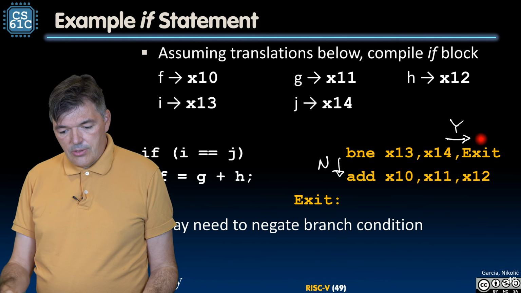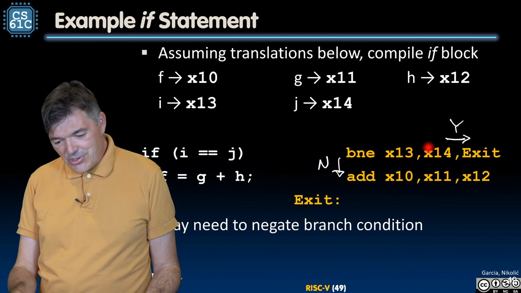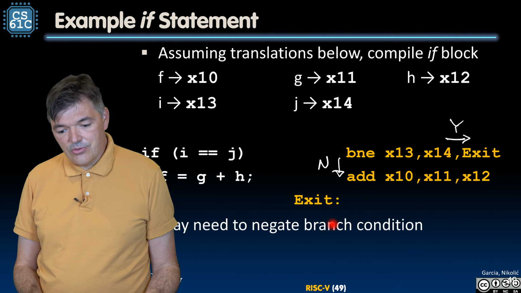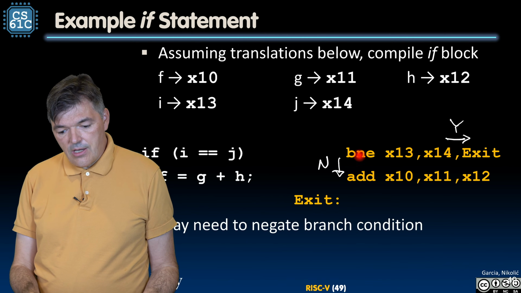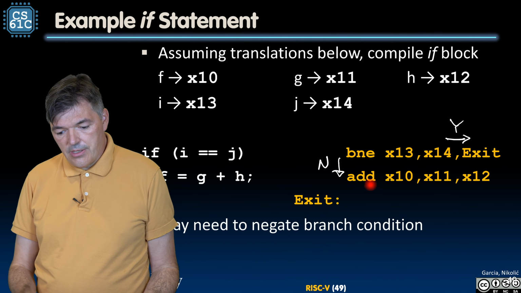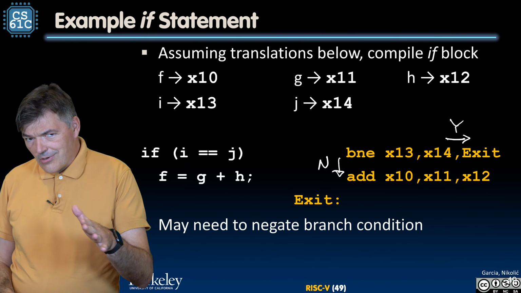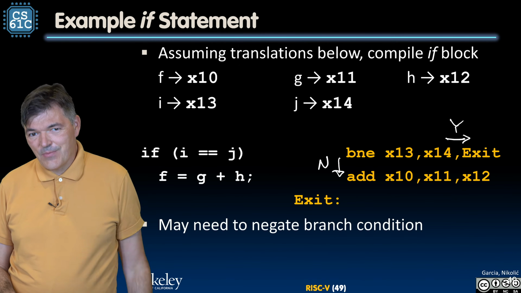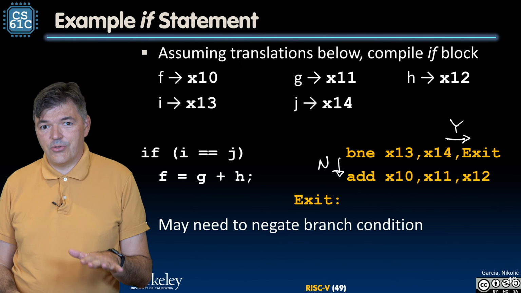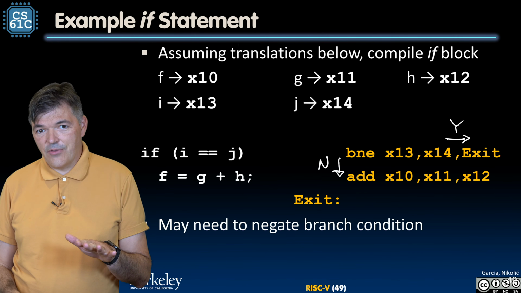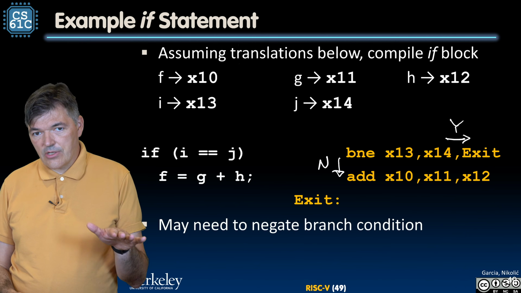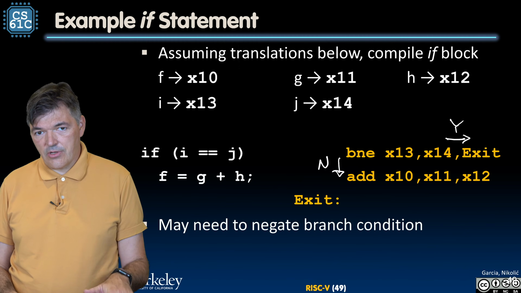So if they're not equal, we'll jump around, or branch around, to be more precise, and go to the exit. If they are equal, then the add will be executed. Hopefully this made sense. This is a very common thing that we'll do, and it is very helpful if you think about it this way: the direction of true and the direction of false.